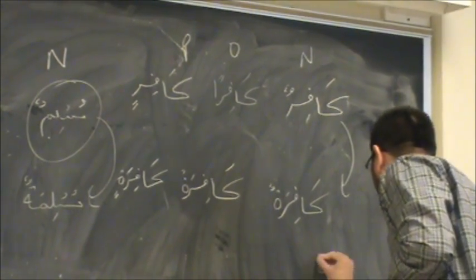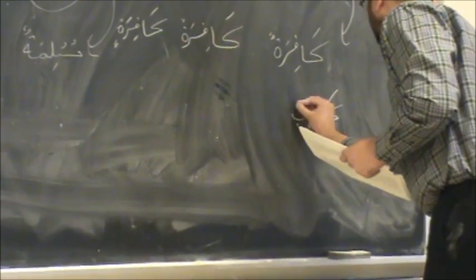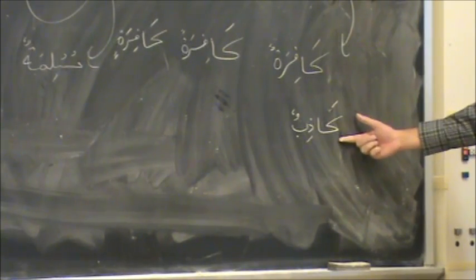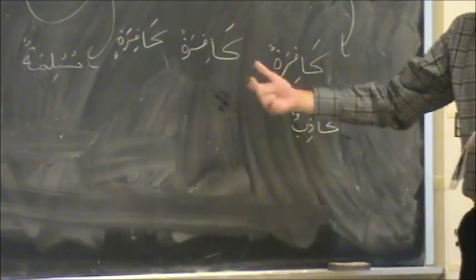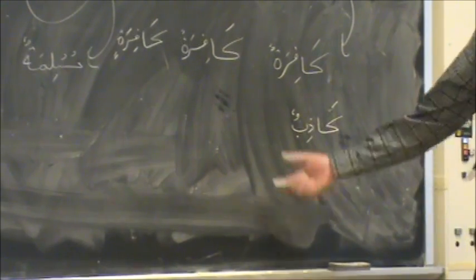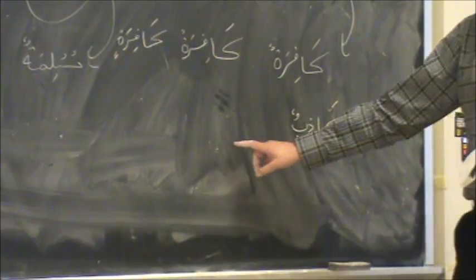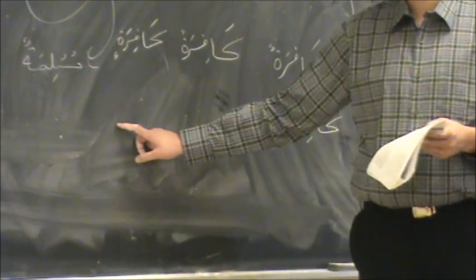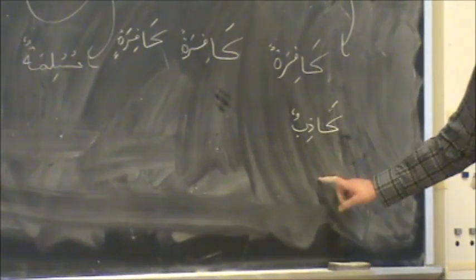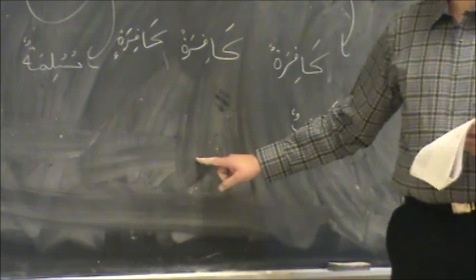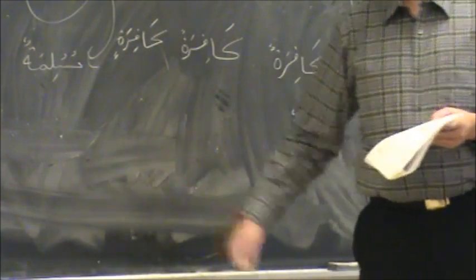Similarly, if you have this word, kadhibun, you should be able to make 6 forms from it. So I'm not writing, let's do it verbally. So kadhibun, what will it become? Kadhiban. And here? Kadhibin. And feminine? Kadhibatun. Kadhibatan. Kadhibatin. Okay? Simple?